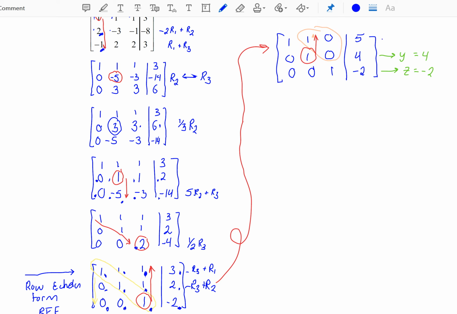So what if we did negative of row 2 and added that to row 1? In doing this row operation, the bottom 2 rows are not going to change. So let's copy the bottom 2 rows down.